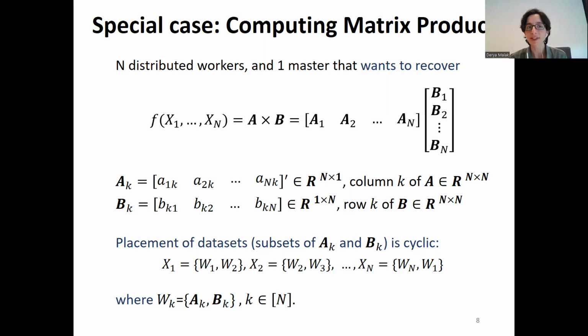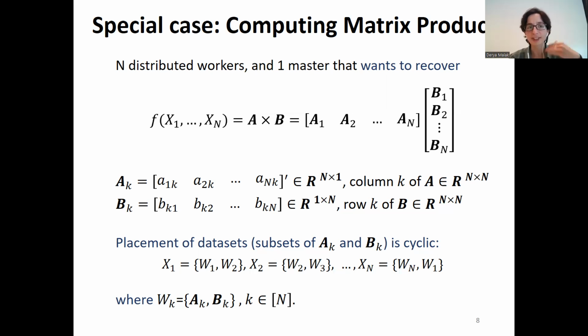More formally, we can consider one of these columns to be a length-N column of A, and the kth row of B is also a length-N row of B for this specific example. Under the cyclic placement assumption, when we have N workers, and I'm allowed to put two items per worker, X1 contains W1, W2, X2 contains W2, W3, in a cyclic manner, and X_N needs to contain W_N and W1.